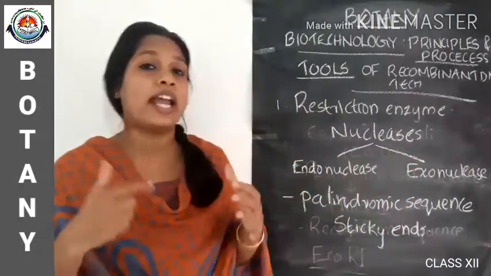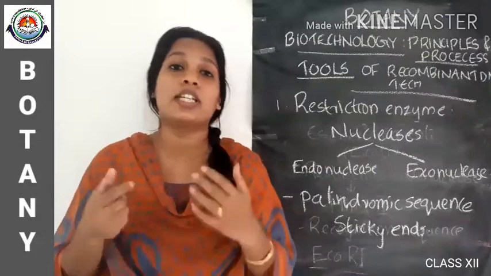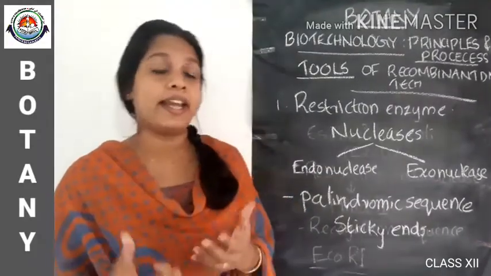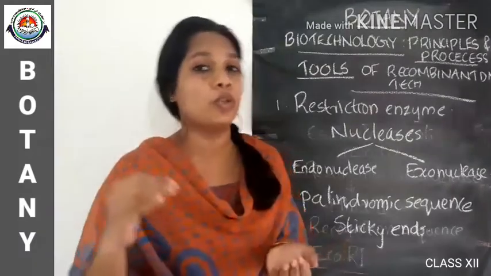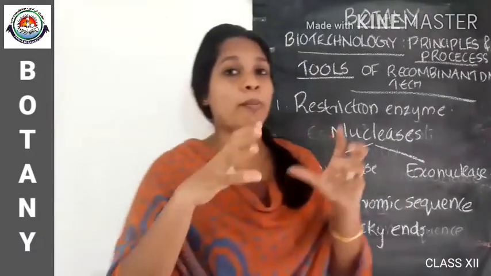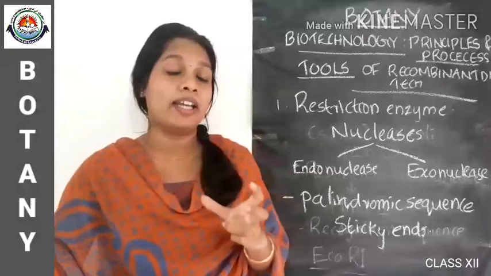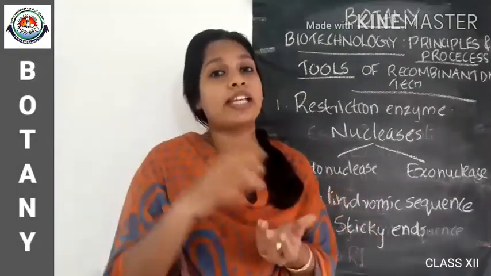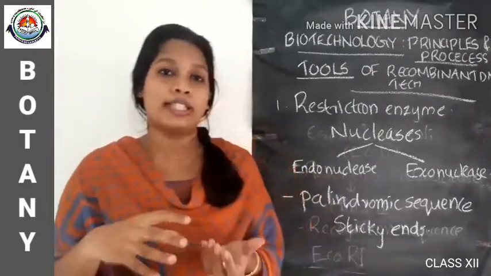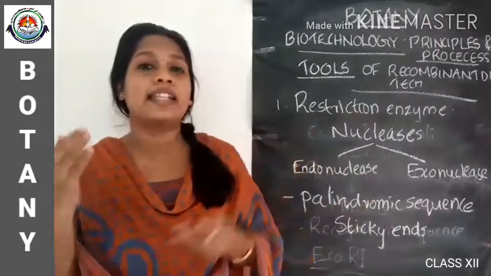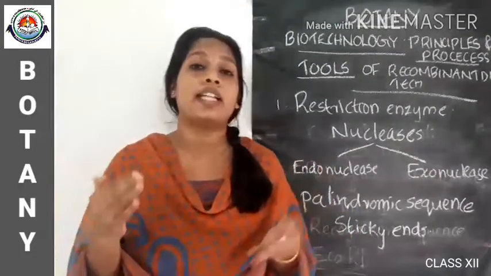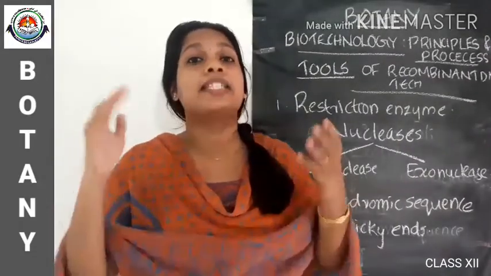So restriction endonucleases are used in genetic engineering for preparing recombinant DNA from different sources. The recombinant DNA is prepared by adding DNA sequences from different sources. And when the DNA is cut by the same restriction enzyme, the cut DNA strands will have similar sticky ends.